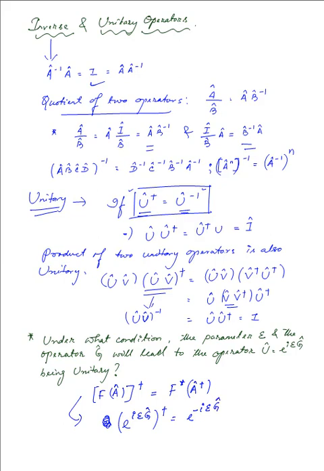So this is nothing but equal to e raised to the power i epsilon g, all raised to the power minus 1, which means if we have u, then the adjoint of u is giving us u inverse, but that will be only possible when we have this term epsilon to be a real one.